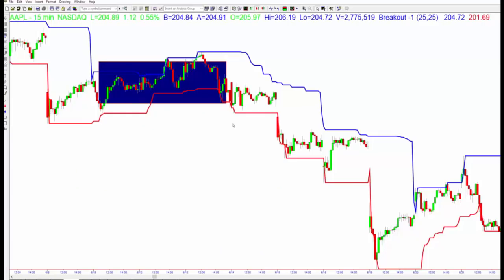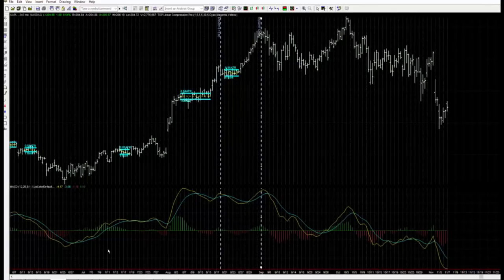So here's the first. Let me go back to the setups here. The first setup, I'll circle this in my chart, is this one over here on the left-hand side that happens in early June, a 7-bar setup, and it has a 0.56 ATR, which says that the compression was almost half of what the market was normally trading with in this particular case.